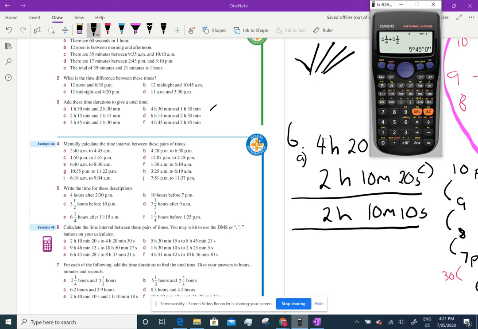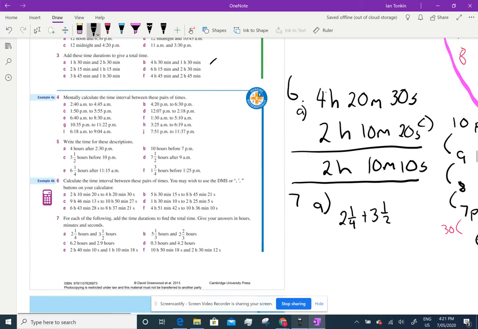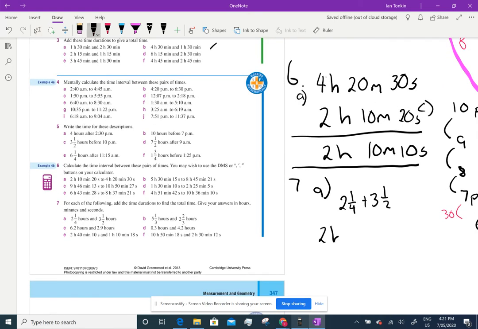Calculators can be great. The other way to do a question like that, if you were going to do it manually, so here's 7A, 2¼ hours plus 3½. Well, 2¼ is 2 hours and 15 minutes, and 3½ is 3 hours and 30.